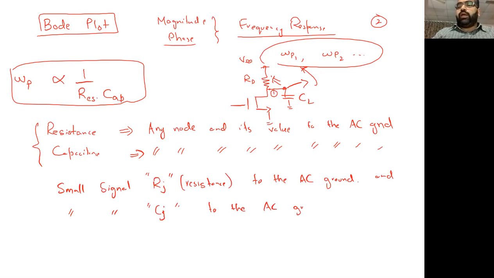So the product and inverse of this one at every node is going to depict one pole.